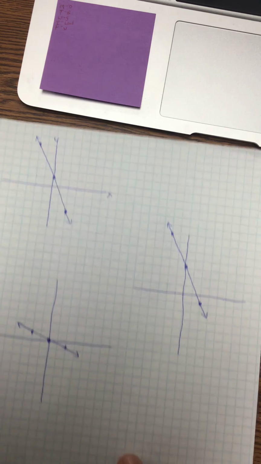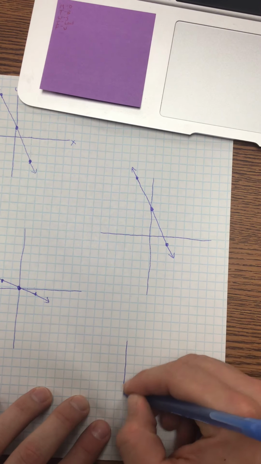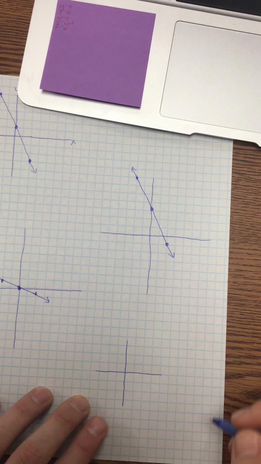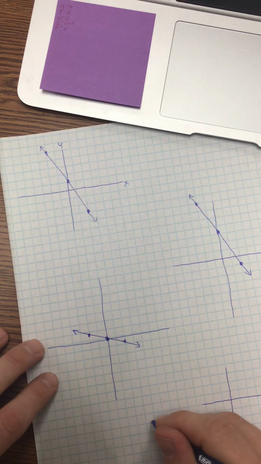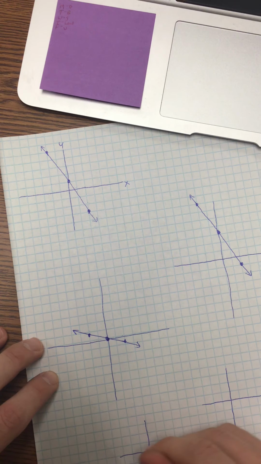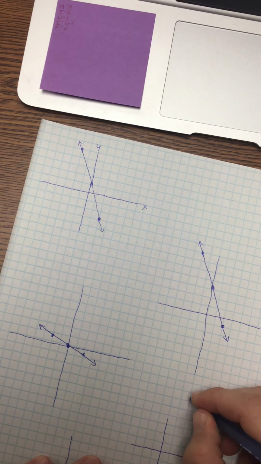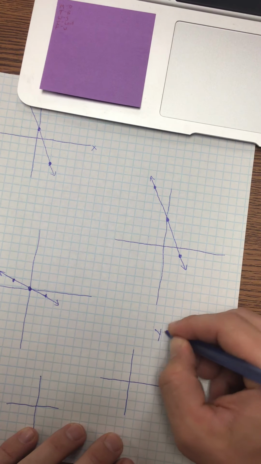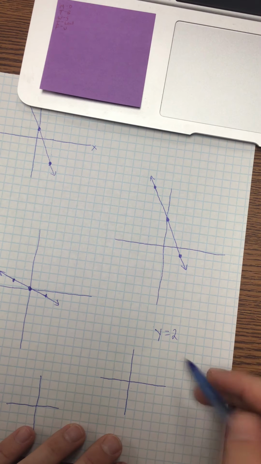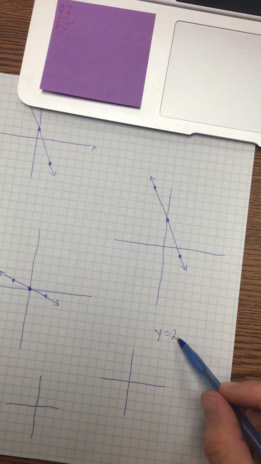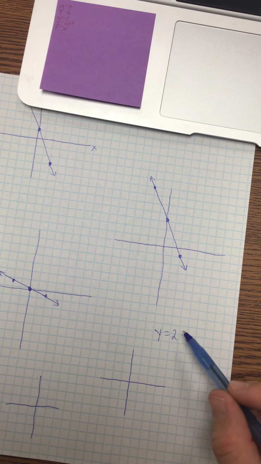All right, now the last type of problem that you might see is if... I want to make 2 different graphs here. Okay, if they said graph y equals 2. So they already kind of have it solved for you and there's no other value to put in for x.